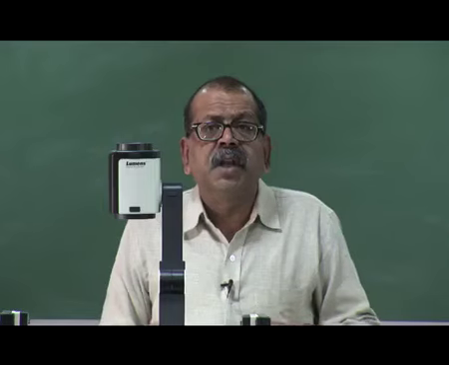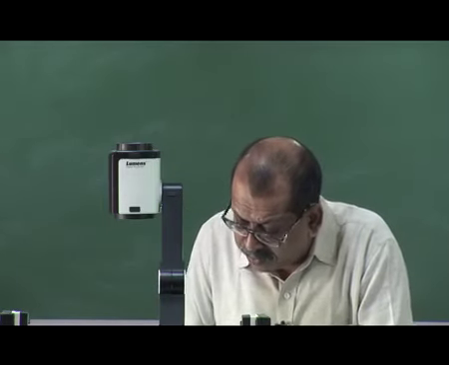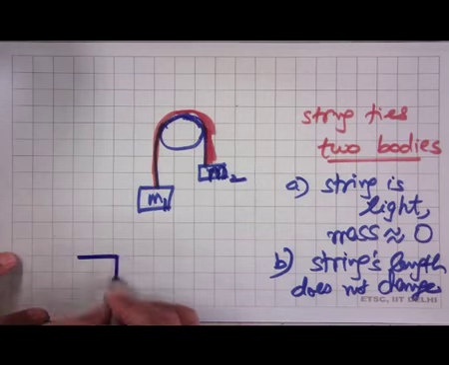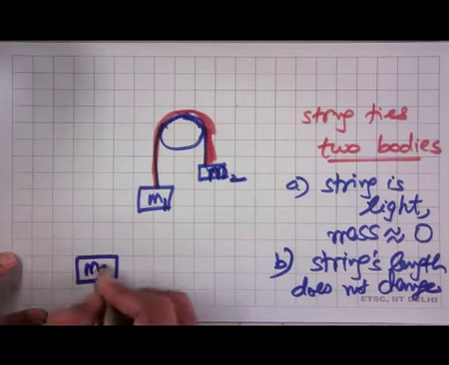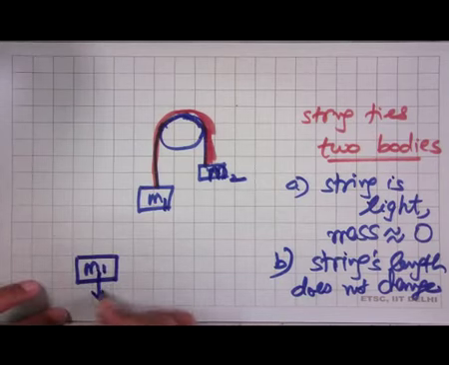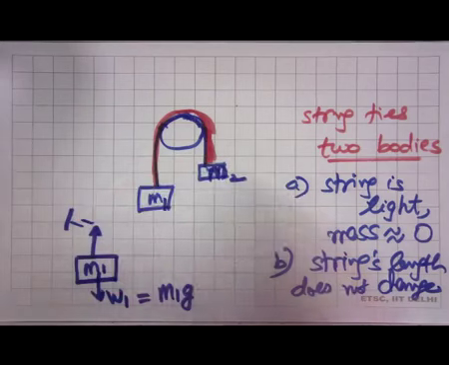When we look at this body M1, its weight W1, which is equal to M1g, acts down, and the string offers a force on this which we call tension, let us call it T1.